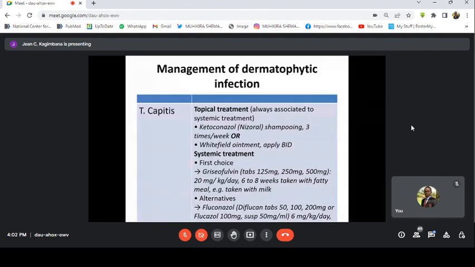You may give 20 milligrams per kilo per day for up to 6 weeks, 42 days at least. And the absorption of griseofulvin is facilitated by a fatty meal. That's why we recommend people take it with milk.